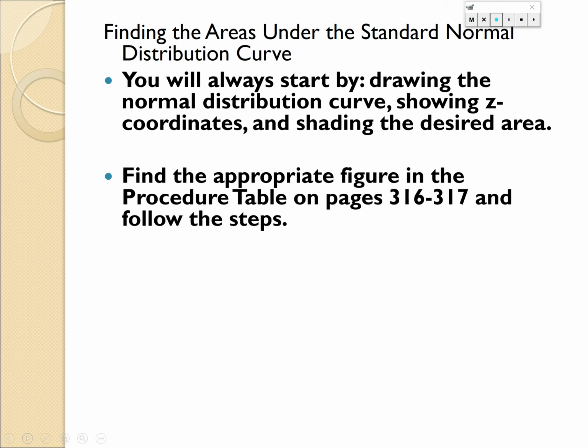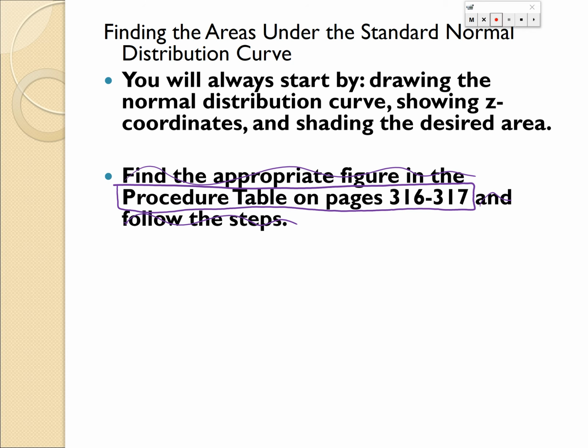Find the appropriate figure. Now this piece right here, there is a procedure table on these pages in your textbook. So if you're jotting these steps down, I would just jot down that there's a procedure table on page 316 to 317 that can be helpful if you're having trouble with finding the areas.